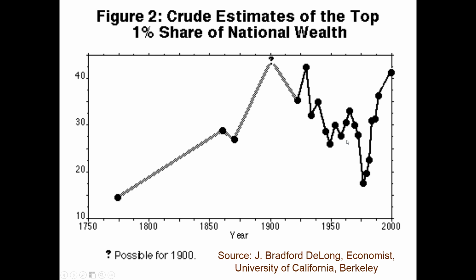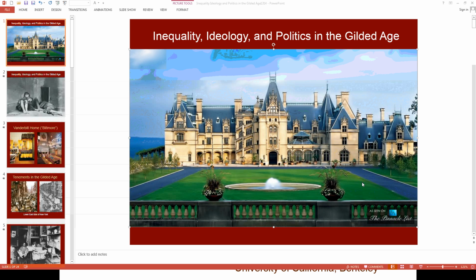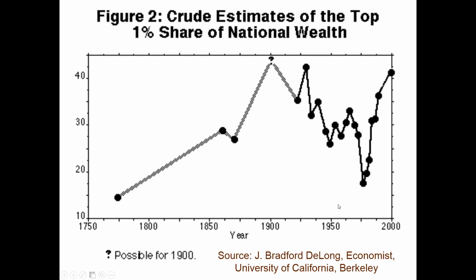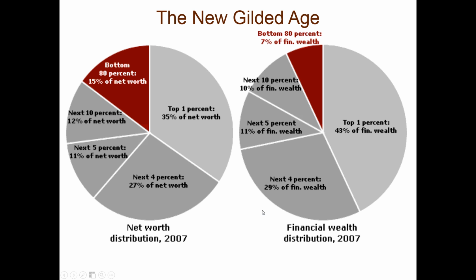It drops during World War II, and in the 1950s up to about 1975 or so. And then you see the inequality goes up again, so that the level of inequality we have today, although this doesn't go all the way to the present, is almost as high as it was in the Gilded Age. And that prompts the term the New Gilded Age, which is the period we're in right now.